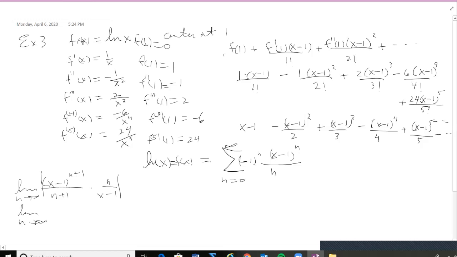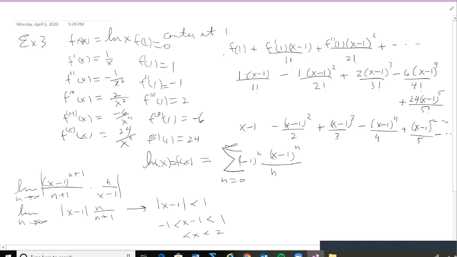So this will be simplified as just an x minus 1 times n over n plus 1. Now you can see that this thing does head to just the x minus 1, like so. And if you set that less than 1, that guarantees convergence.